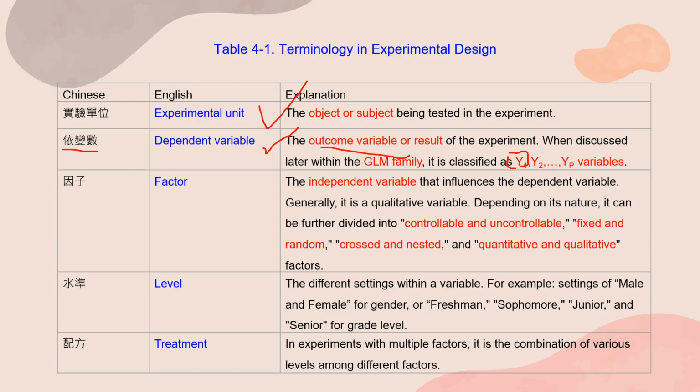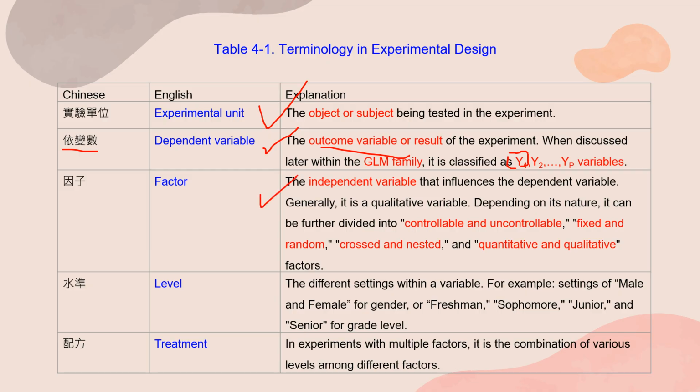When we discuss this later, we will talk about the GLM family, the general linear model. But do remember the dependent variable is classified as y: y1, y2, and yp.